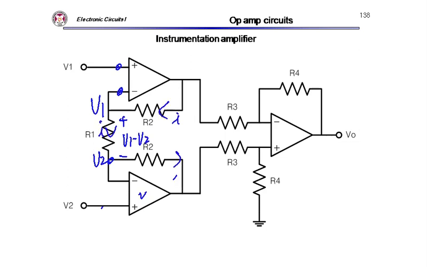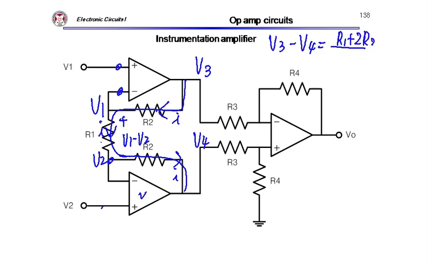So I can calculate V3 minus V4 easily: the voltage drop is 2R2 plus R1, that is, (R1 plus 2R2) times I.